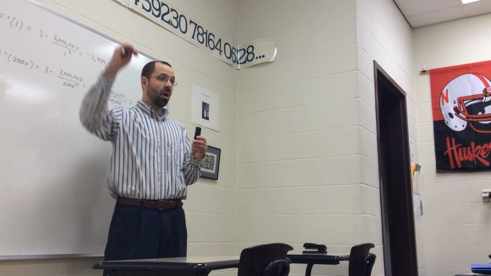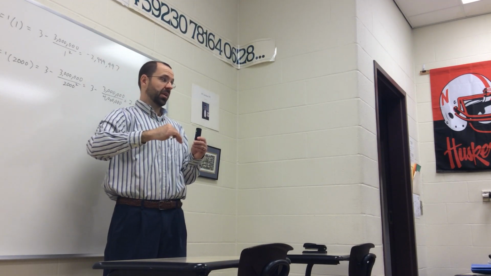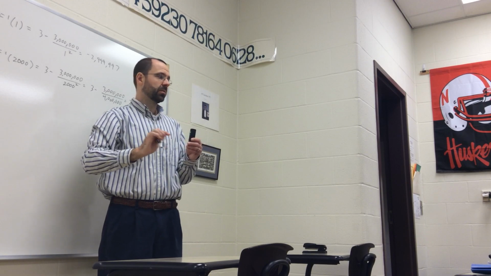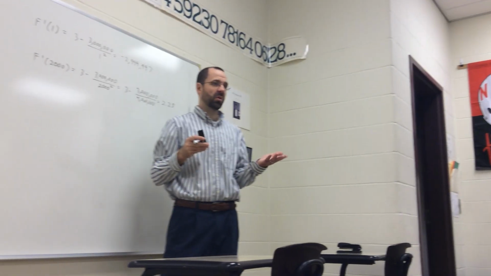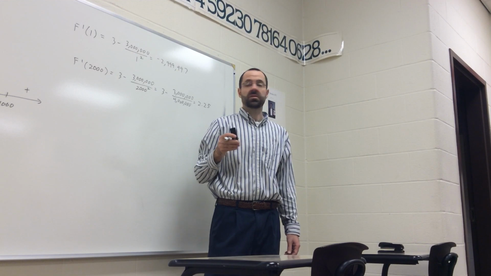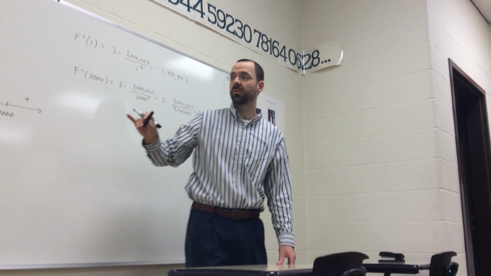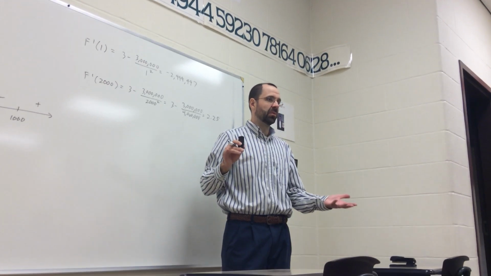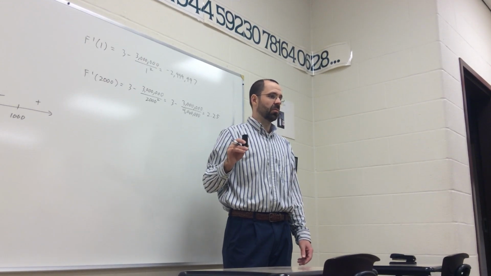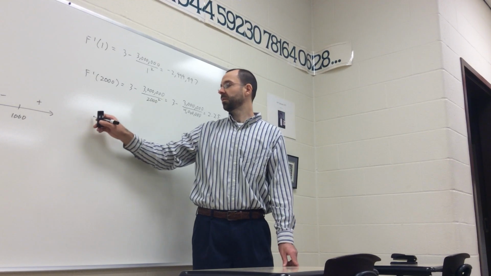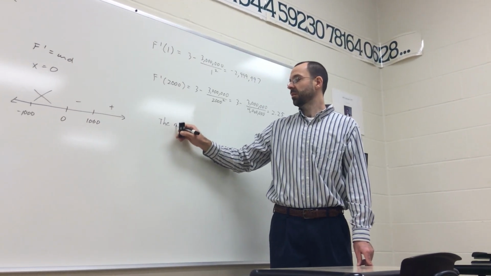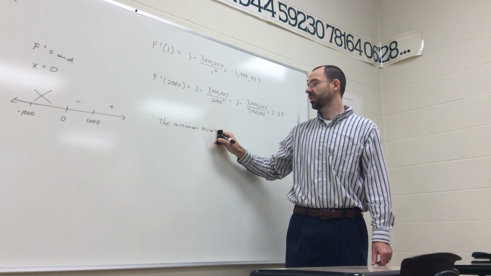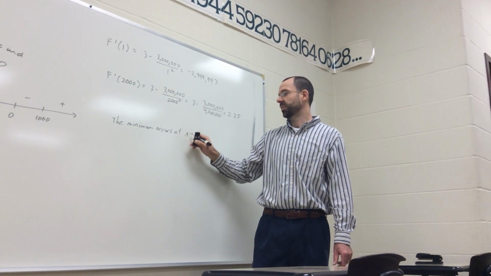But also, since it's always going down, and then always going up, that makes it an absolute min as well. That's what we're really looking for in this problem, is the absolute min, because the question says, what is the minimum? It doesn't say the word absolute, but the minimum is the overall minimum. So the minimum occurs at x equals 1,000.